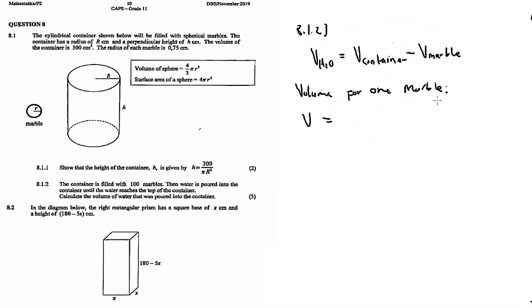Anyway, ngoba ngibona sengibhalile lapha. Okay, volume for one marble is what? The volume of a sphere. Since i-marble yini sphere, so sebenzisa le volume le, we are lucky basiphe volume la. 4/3 pi r cubed is equal to 4/3 times pi times the radius, which is 0.75 cube raised to exponent 3.